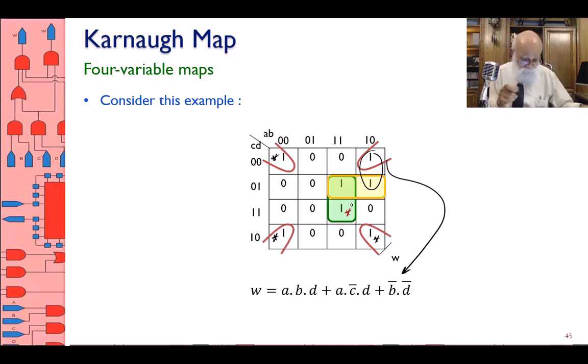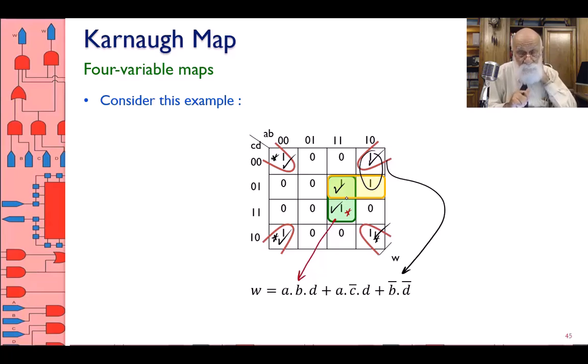And therefore, I write this A, B, C. A, B, D. Let's check mark those that have already been covered. This is done. This is done. This is taken care of. This is taken care of. These 2 are taken care of.